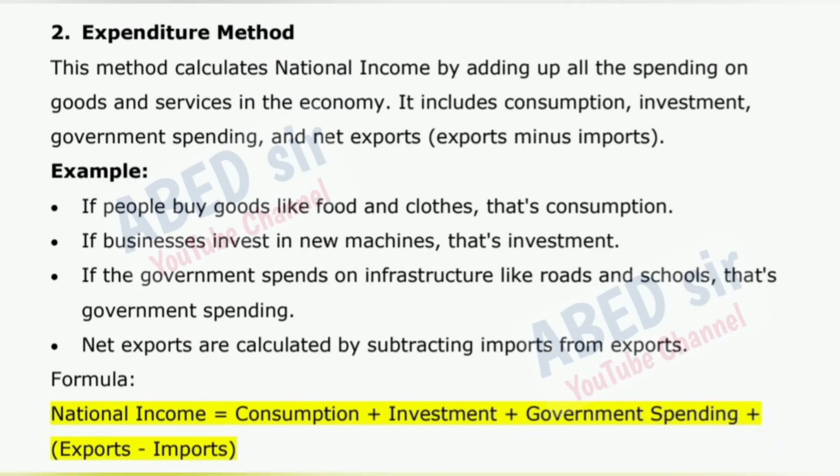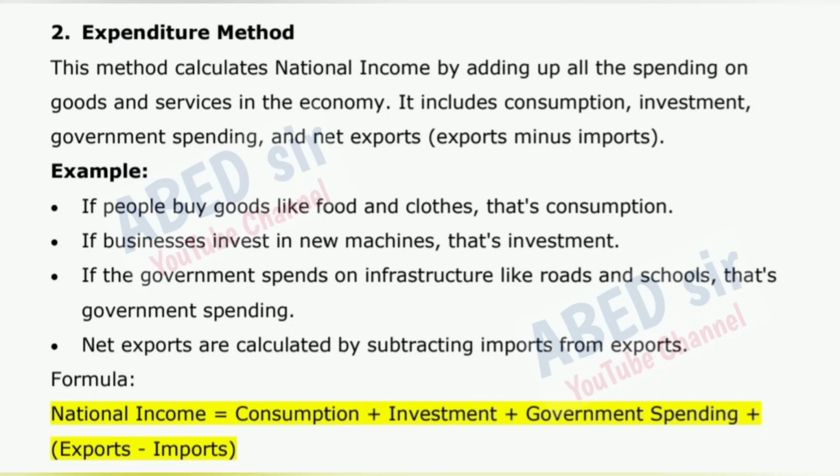3. Expenditure method. This method calculates national income by adding up all the spending on goods and services in the economy. It includes consumption, investment, government spending, and net exports, exports minus imports. Example. If people buy goods like food and clothes, that's consumption.